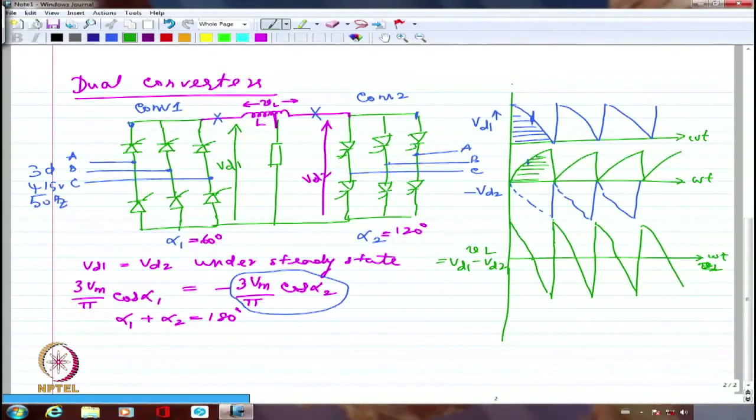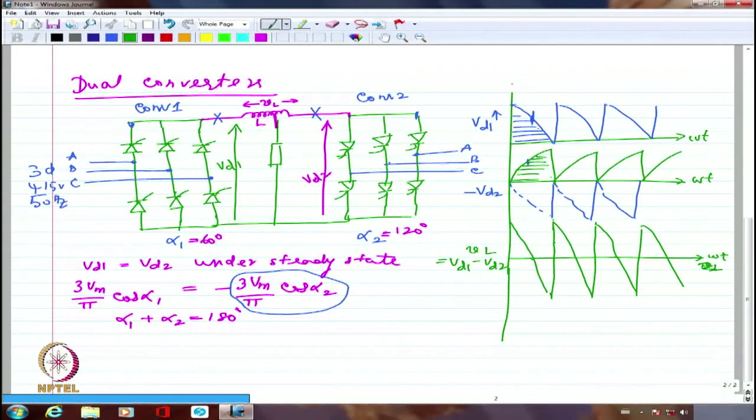The voltage across the inductance is going to have some positive portion for half. For the rest of the half, it is going to be negative, because I have to subtract from this value whatever is available from the other, VD2. So I have to realize that whatever is the area under this curve will be equal to the area under this portion.